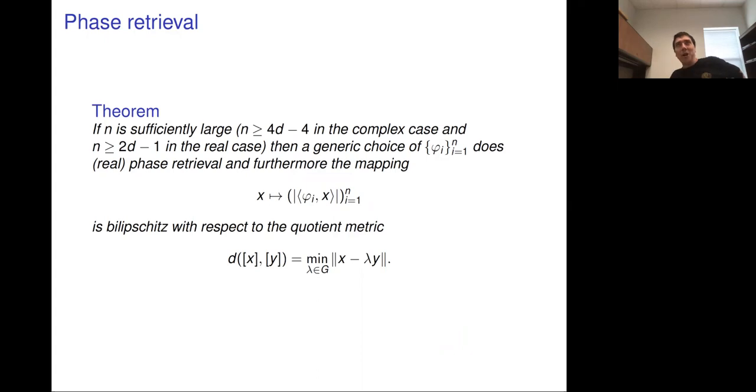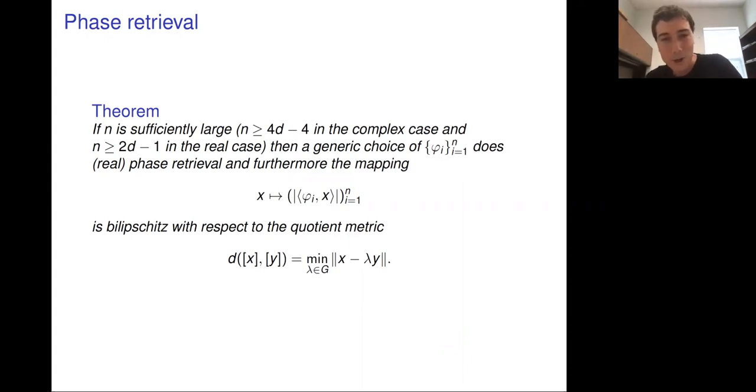And by generic, what I mean is basically that the set of choices for which it doesn't work lies on a lower dimensional subset. So it's a tiny sliver of things that will not work, and as long as you pick something off of that tiny little sliver, then it's going to work.